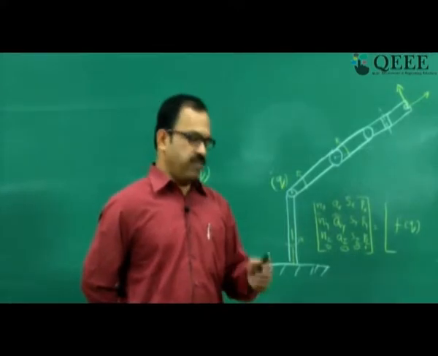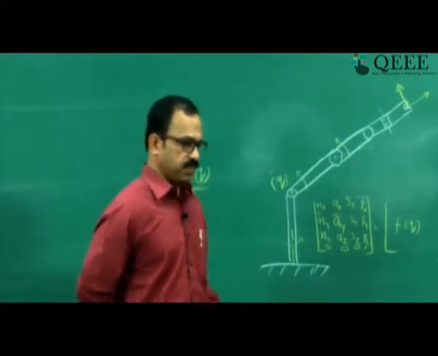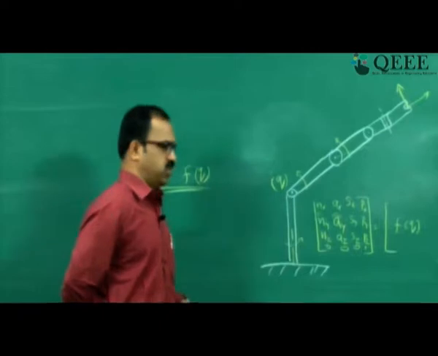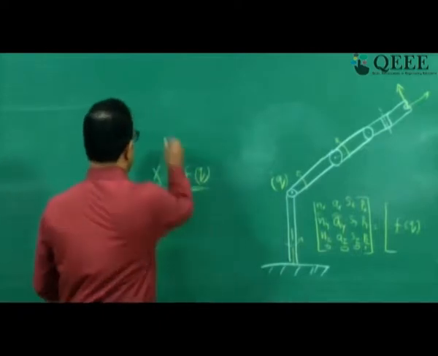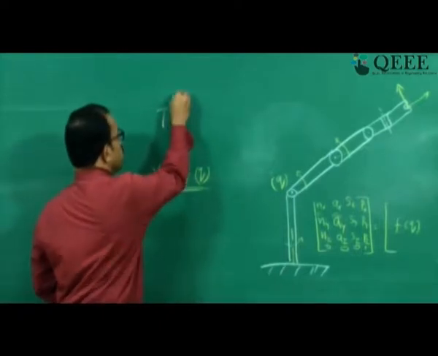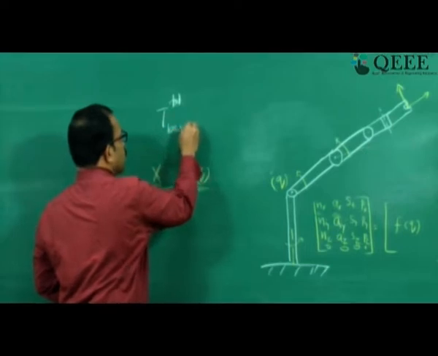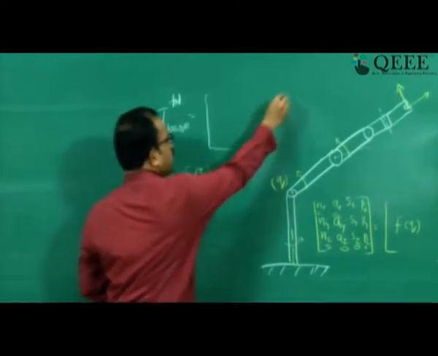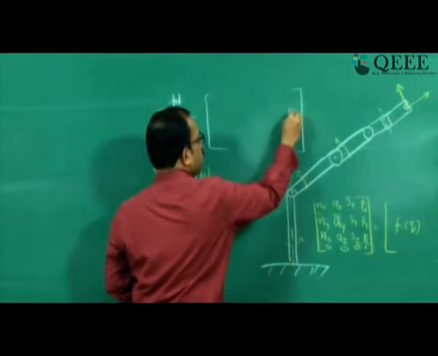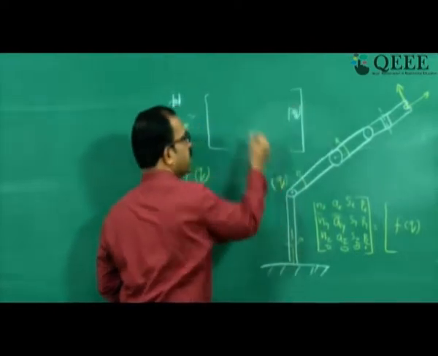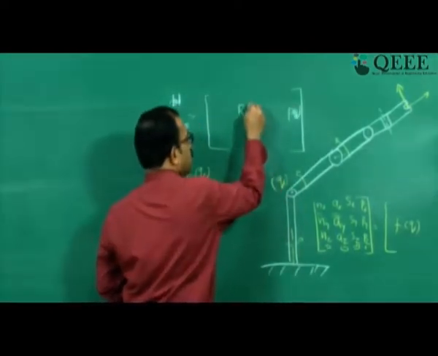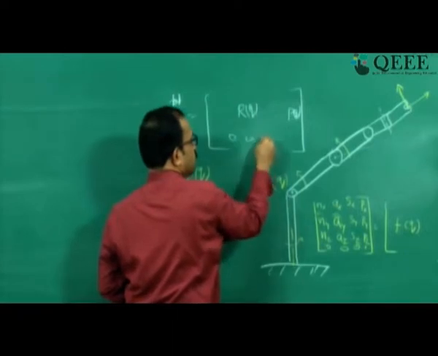Now to define this problem, let us look at the way we define the arm matrix. The arm matrix T tool to base is given by this matrix, where you have this position vector P(Q) here and the rotation matrix R(Q) here, and 0 0 0 1.